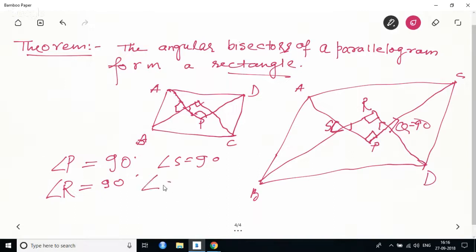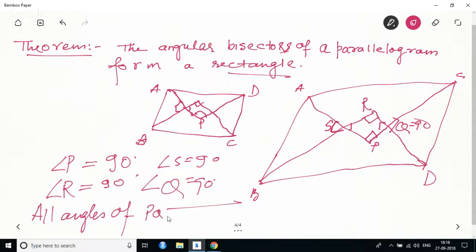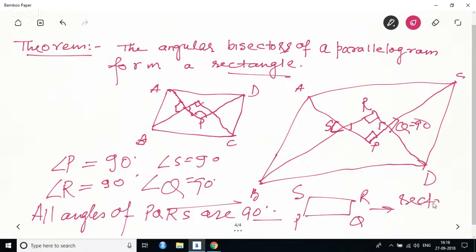So all the angles of PQRS are 90 degrees. Hence it can be proved that PQRS is a rectangle.